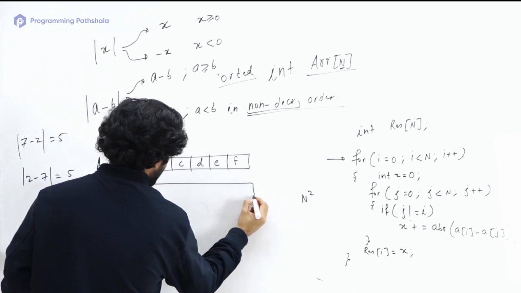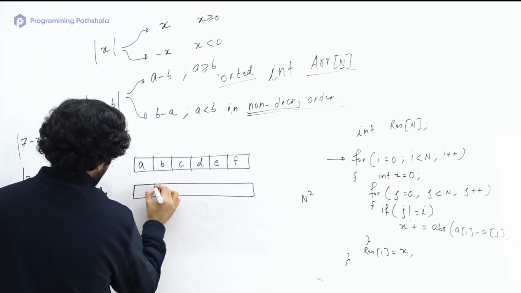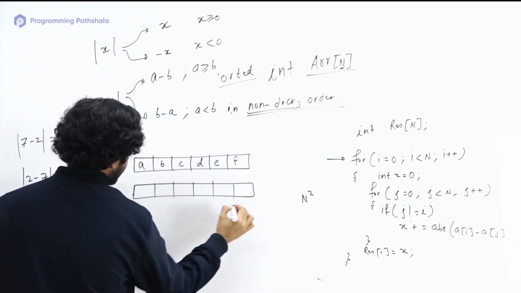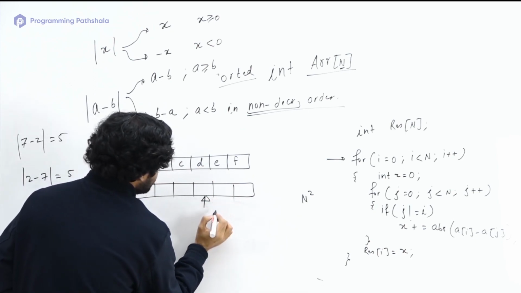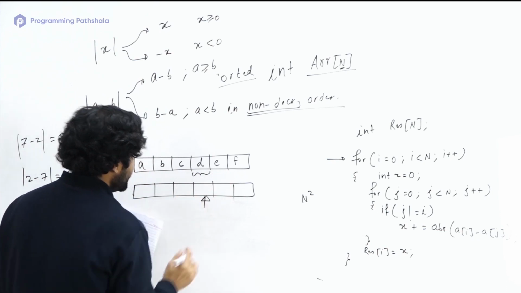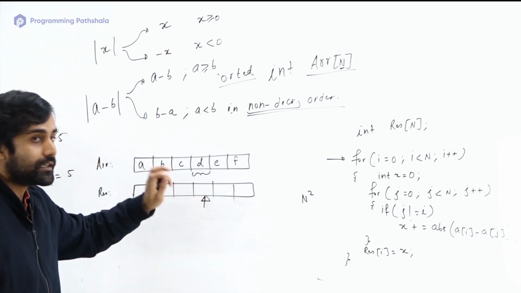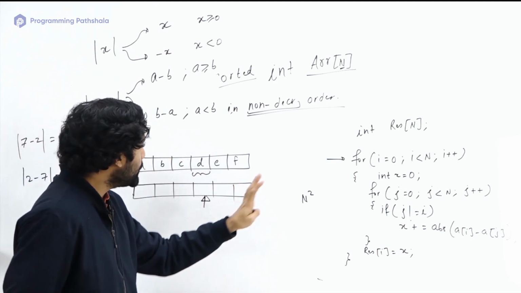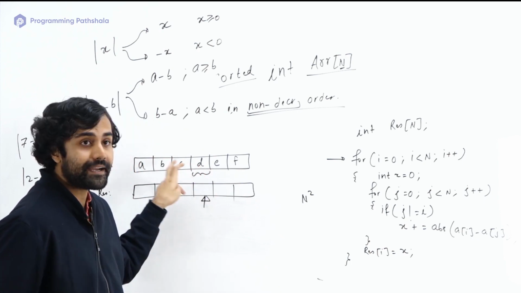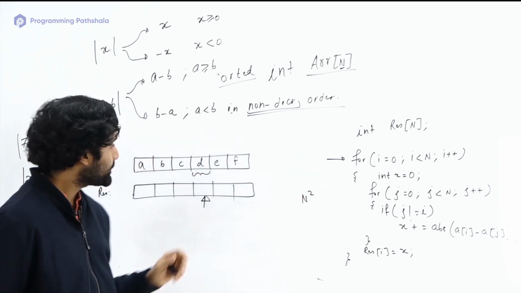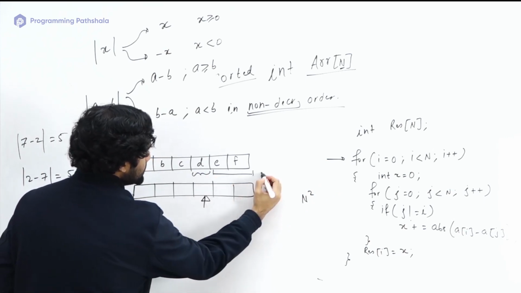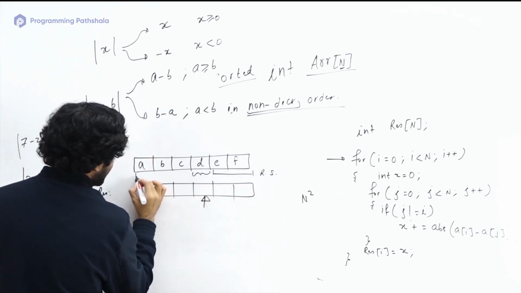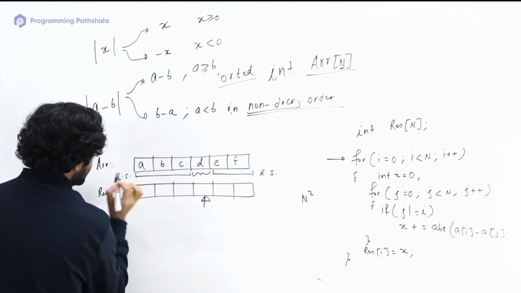Your result array will be of the same size, 1, 2, 3, 4, 5, okay? Let's say you want to know what should come here. What should come here? Tell me one thing, you will consider the absolute difference of d with respect to everything else, okay? There is a part that is on the right side and there is a part that is on the left side.